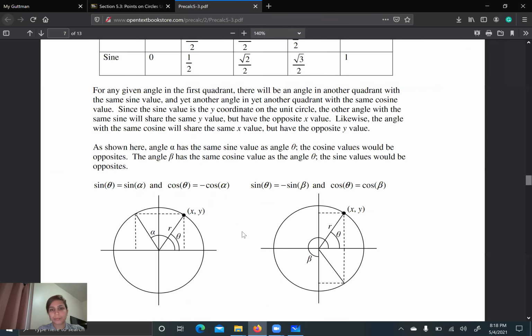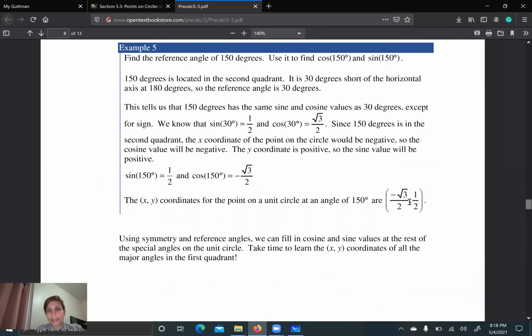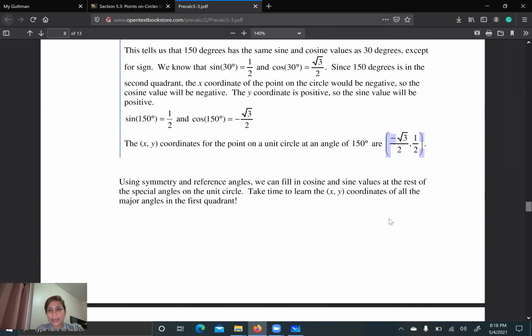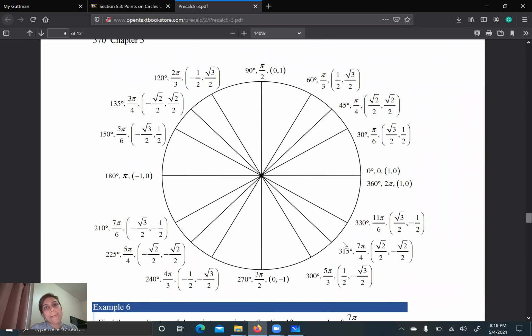Okay. So we use reference angles to answer questions like this, right? And in this diagram, you can see the angle in degrees, in radians, and its corresponding x and y value.